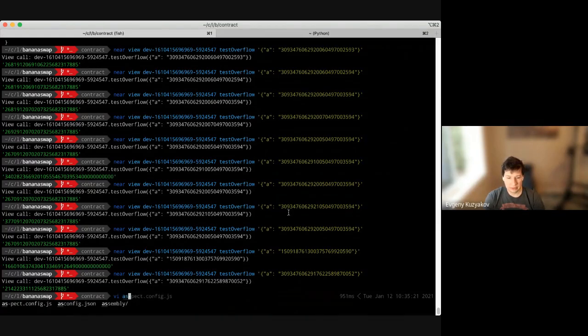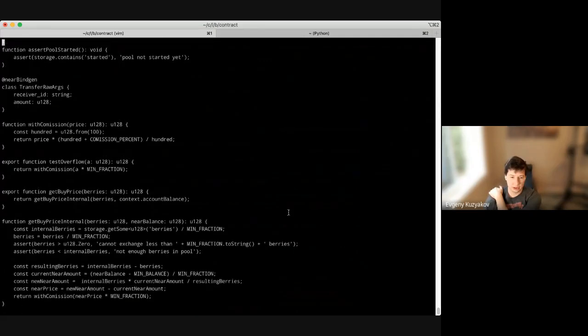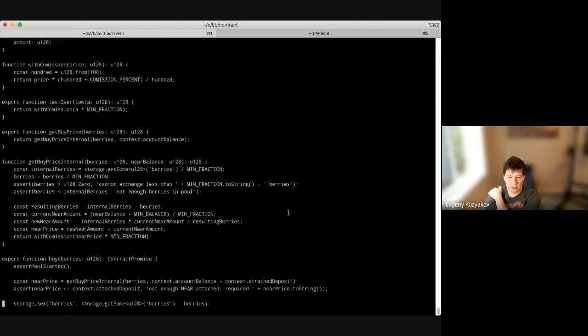And we have an operation which is get buy price internal, or get sell price.